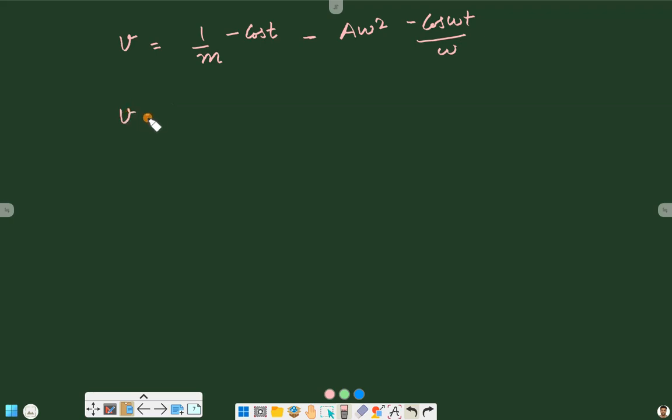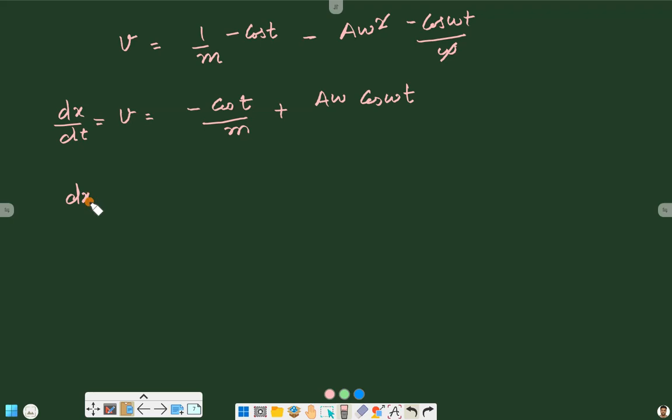So it will finally become v is equal to minus cos t by m plus a omega. This omega will get cancelled, and minus minus plus cos omega t. Now we can integrate it again, because velocity is equal to dx by dt.